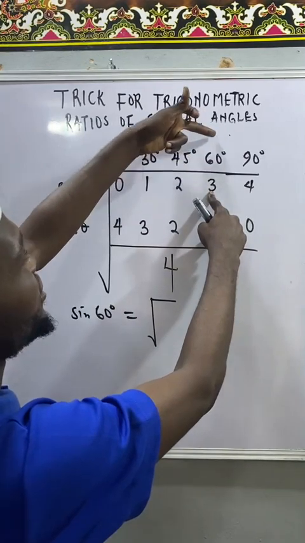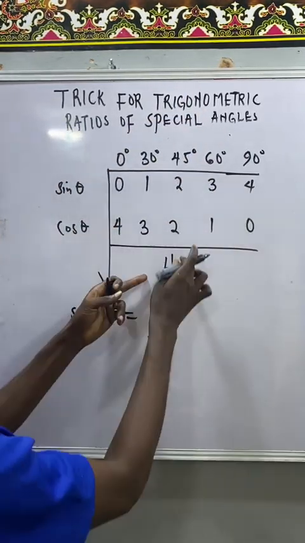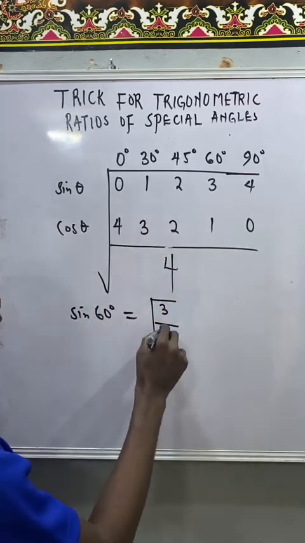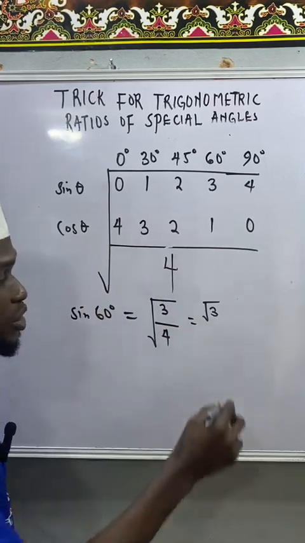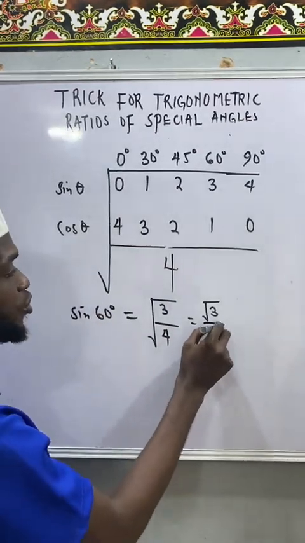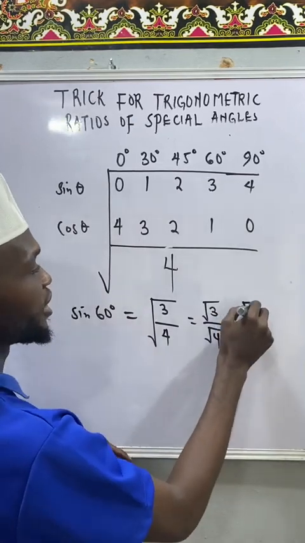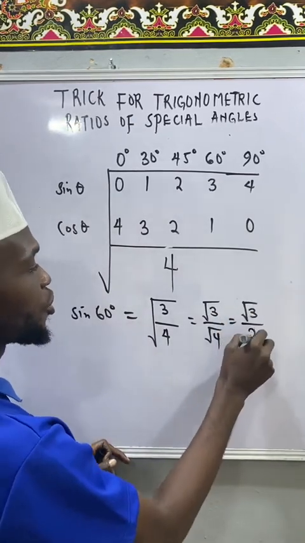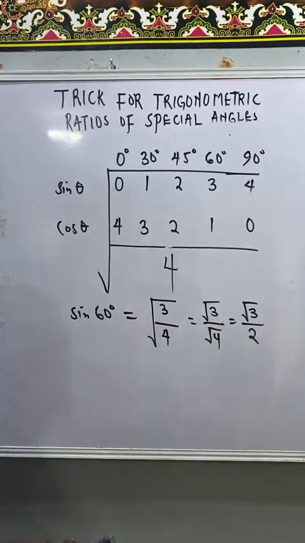Vertically, sine 60, we have square root of 3 all over the 4 under. We can split the square root: square root of 3 over square root of 4. Square root of 3 is not a whole number, so you can leave it like that, all over square root of 4, which equals 2. So that is sine 60.